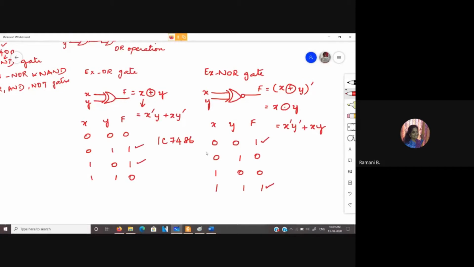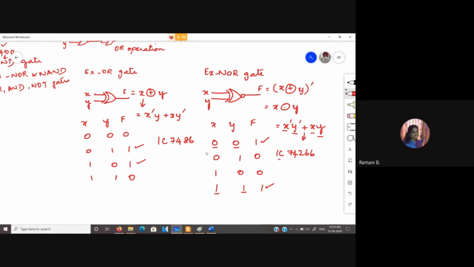Here X is equal to 0, Y is equal to 0, so that is denoted with X bar dot Y bar, and this is X is equal to 1 and Y is equal to 1, so that is denoted with XY. In either of the cases you are going to have a 1, so we include the OR operation over there. And the IC used for this is IC 74266.